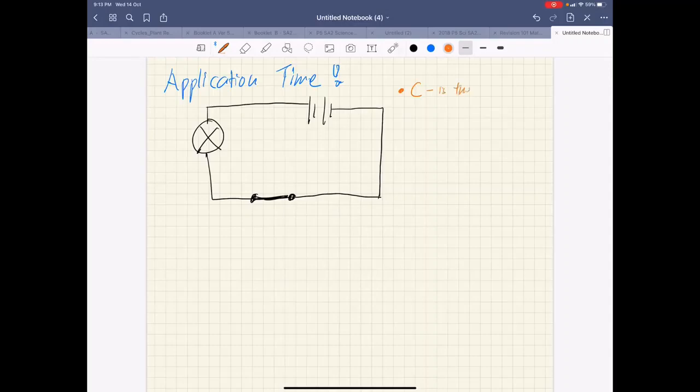Is this circuit closed or open? Next one is E. Can the electric current flow through the circuit?